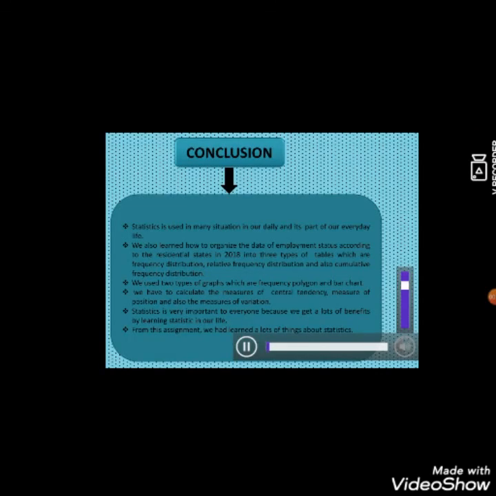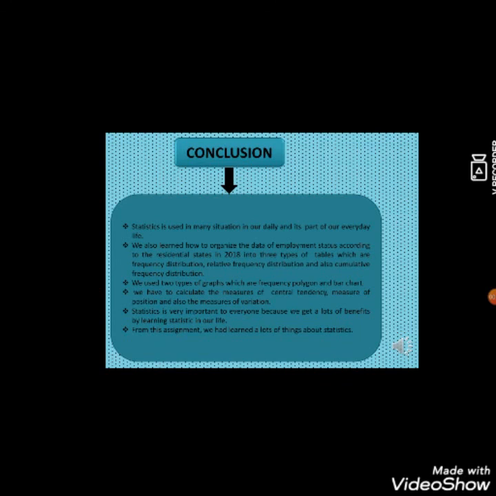As a conclusion, statistics is used in many situations in our life, and it's part of our everyday life. We also learned how to organize the data of employment status according to the residential state in 2018 into 3 types of tables. We used 2 types of graph, which are frequency polygon and bar chart.